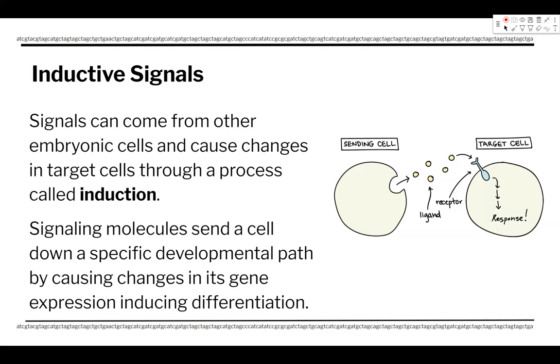These can send cells down specific developmental pathways. Meaning, once they receive these signals, they're on a path for good. And it is very, very, very, very difficult, if not impossible, to get one of those cells to go back after it's reached a certain point.